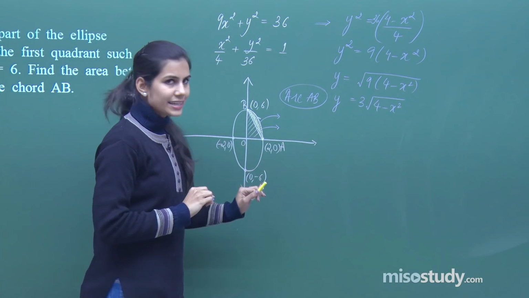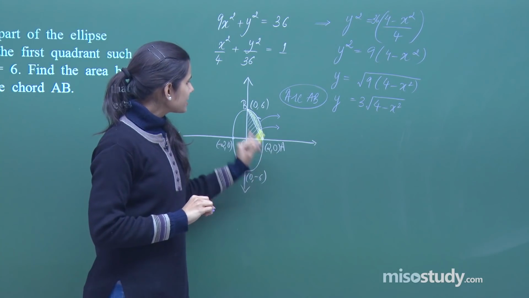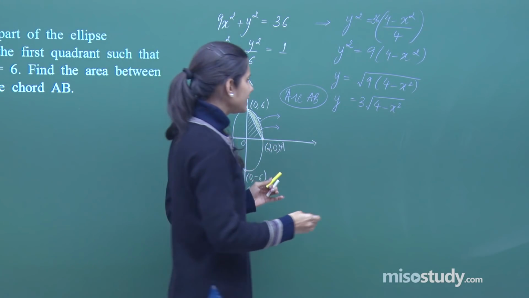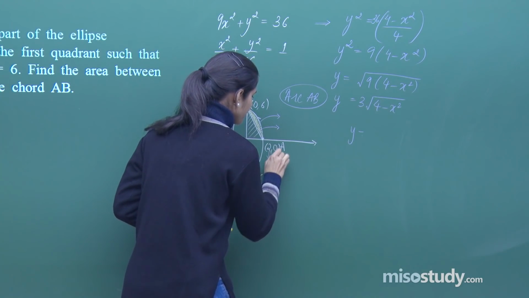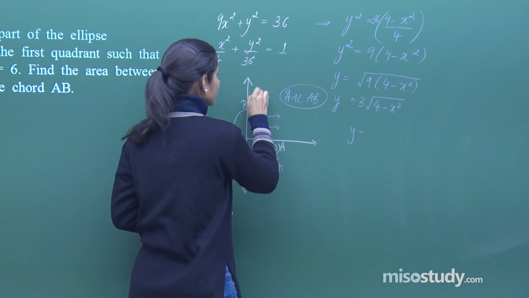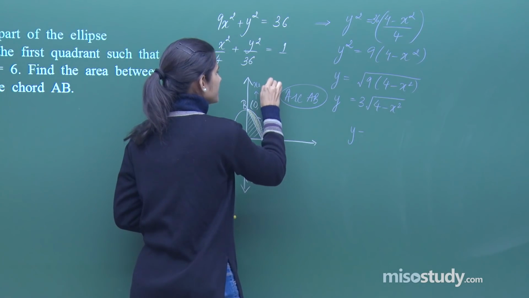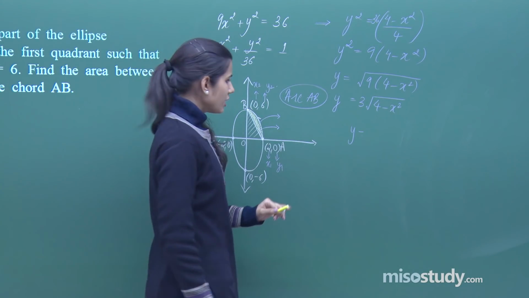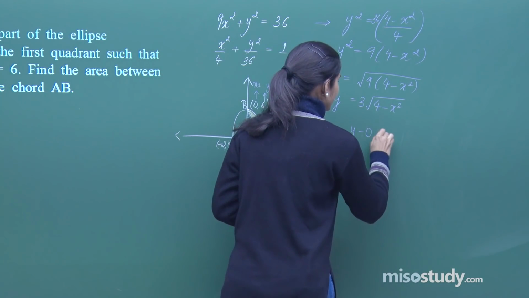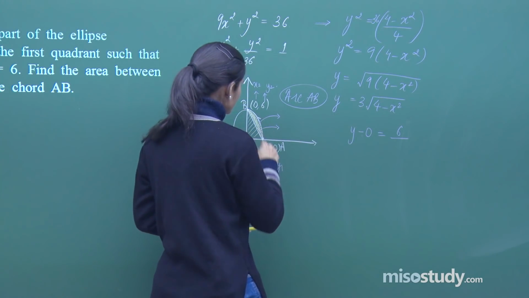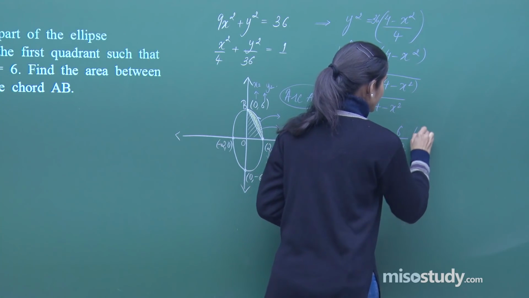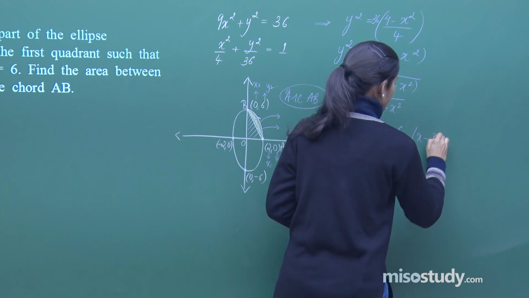Now what is the equation of line AB? You know that if a line is passing through 2 points, you know the equation of the line. It is what? Y minus y1. So let me take this as x1, this as y1, this as x2, and this as y2. So you have y minus y1 equals y2 minus y1, 6 minus 0, upon x2 minus x1, 0 minus 2, into x minus x1.